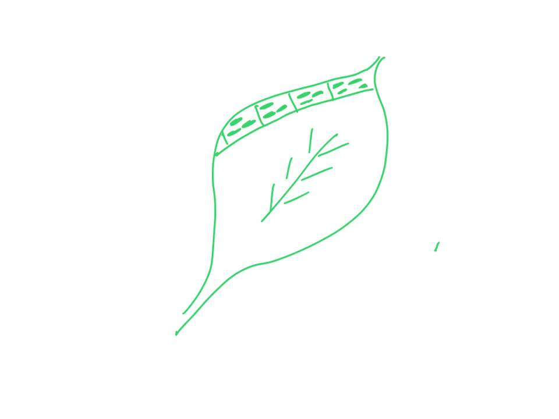So first let's talk in terms of the color of the leaf. It's green. The reason we see green is because those are the wavelengths of light that are reflected to your eye. When light comes down from the sun, it's white light.